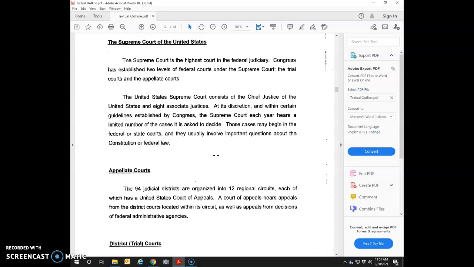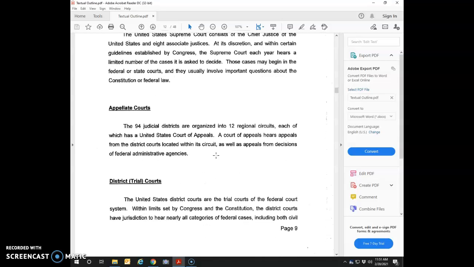But just understand that we've got U.S. district courts, entry level, then the first-level or intermediate appellate court, the U.S. Circuit Court of Appeals, and then at the top the Supreme Court of the U.S.